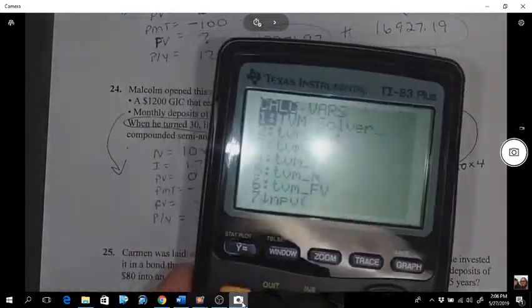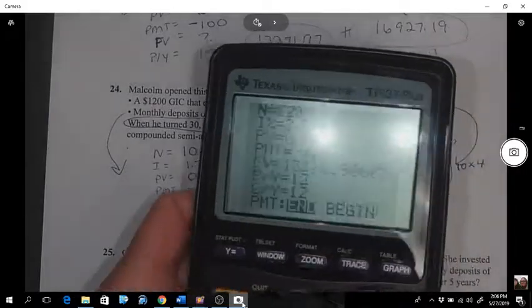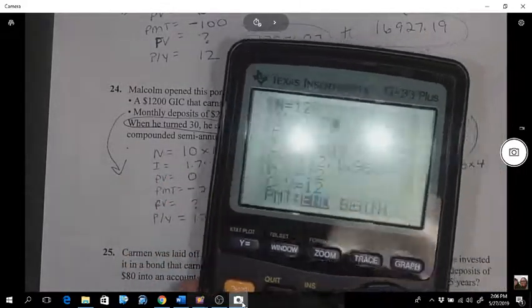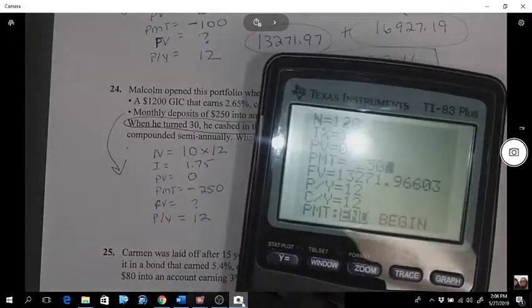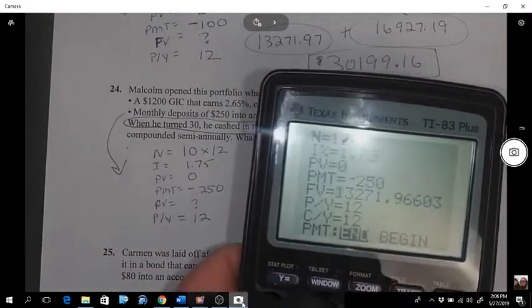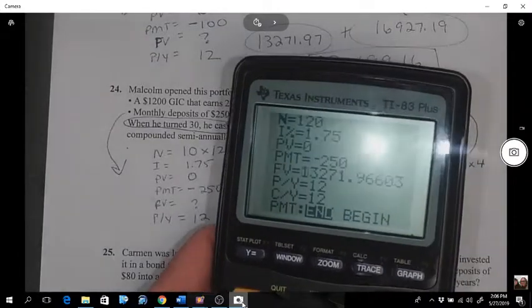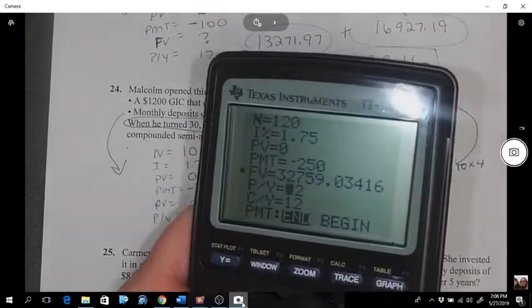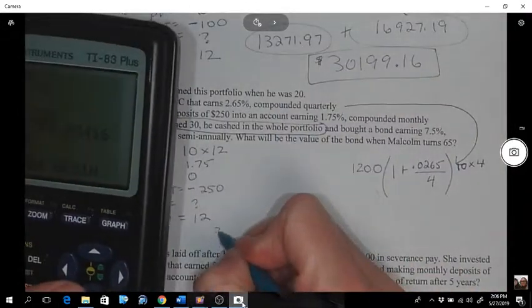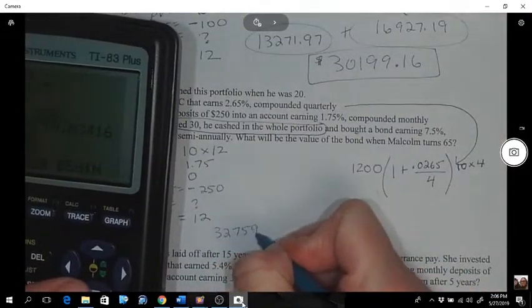So into the financer: 120, 1.75, 0, negative 250, and 12 there, so we're going to solve. We get 32,759.03.